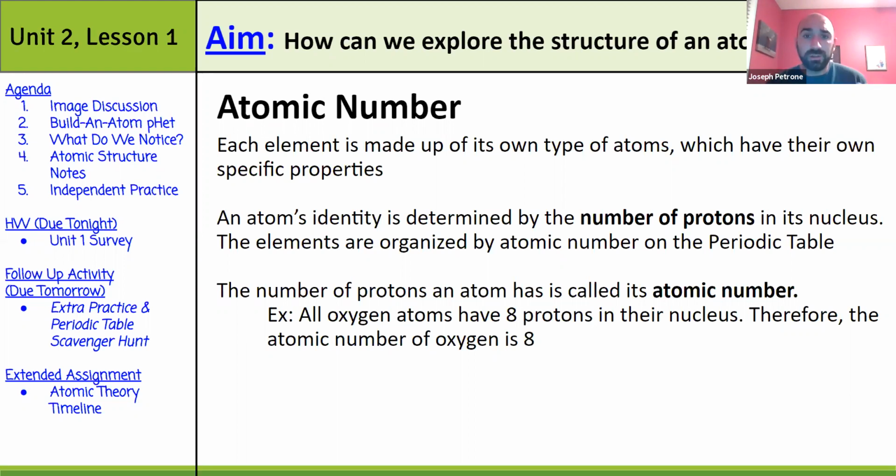What this means is that every atom of that element is going to have that number of protons in its nucleus. For example, all oxygen atoms have 8 protons in their nucleus. So if I asked you how many protons were in the nucleus of a certain atom, you would just look on the periodic table, find that element, and look for its atomic number.